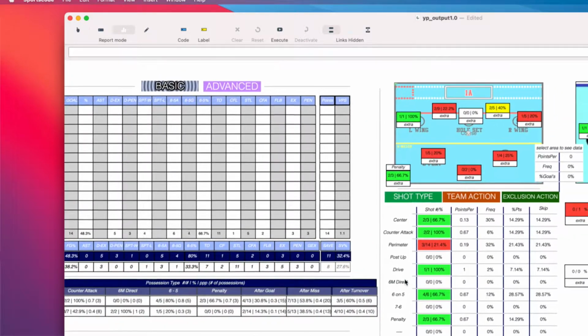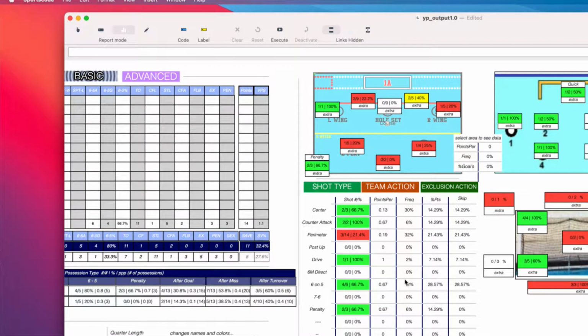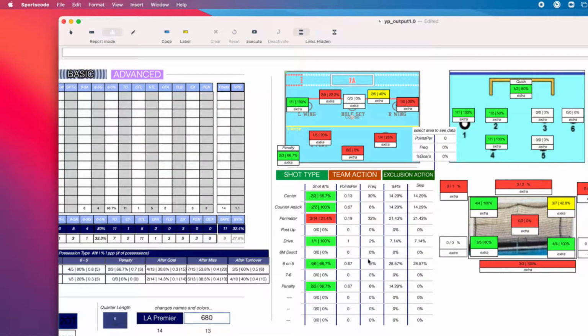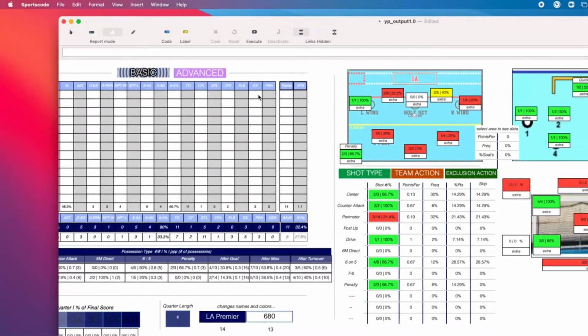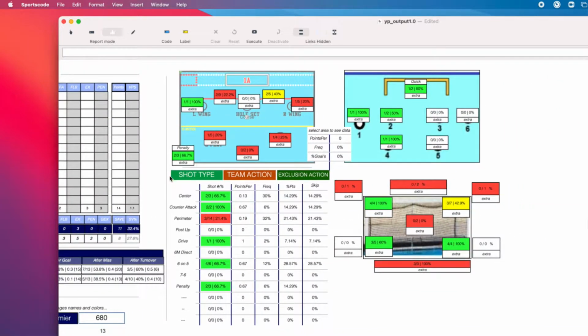Now if we look over here at the individual stats for the teams, this is LA Premier's shooting chart. On the penalty they were 2 for 3. They were 1 for 1 over here. They missed a lot of shots here at center and at the post. And then 6-on-5 is where they got their goals.